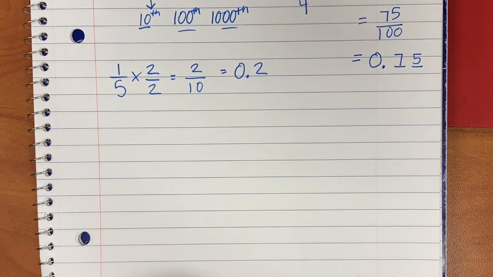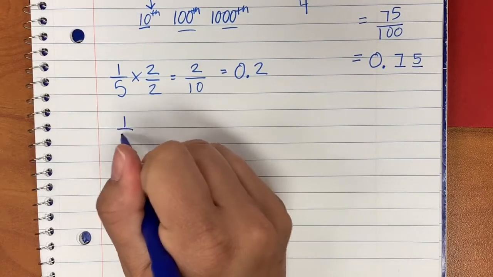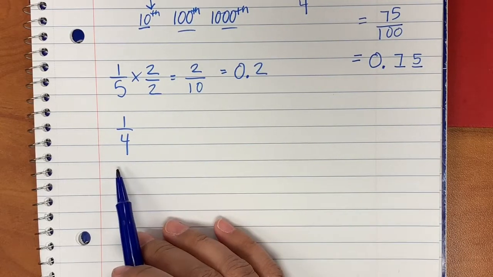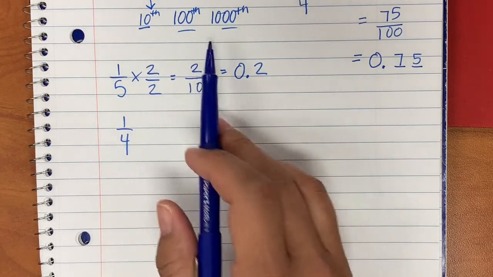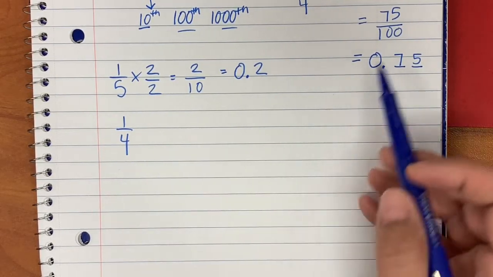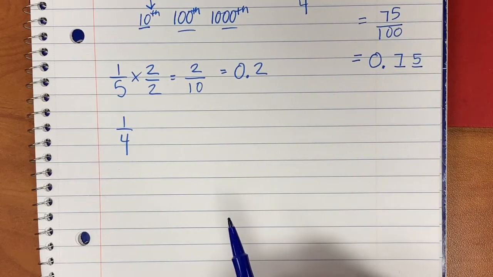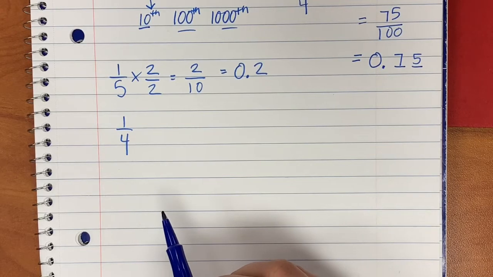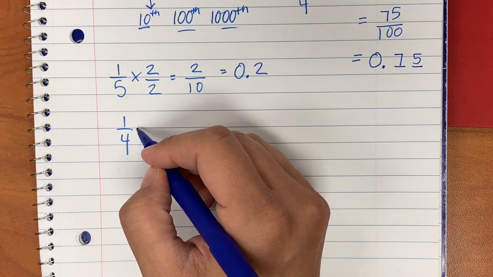What if I wanted to write 1/4, and this isn't even a multiplication problem, as a decimal? Well, again, we need a denominator of 10, 100, 1,000, and we already know from the last problem we could multiply by 25 over 25 to get 100.